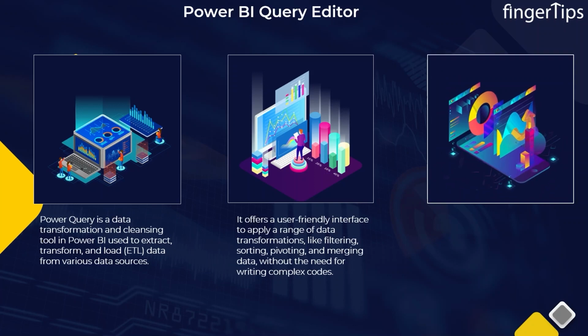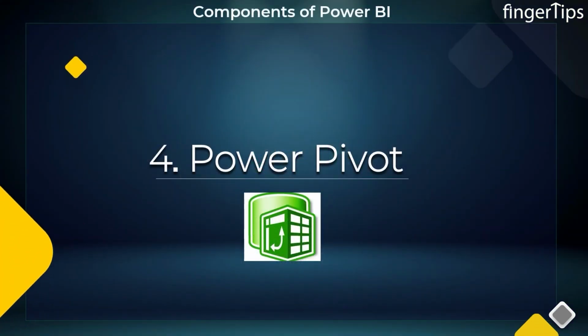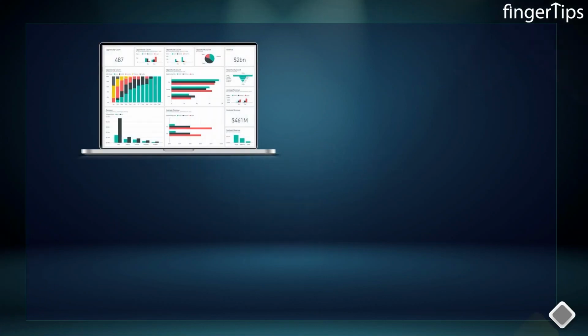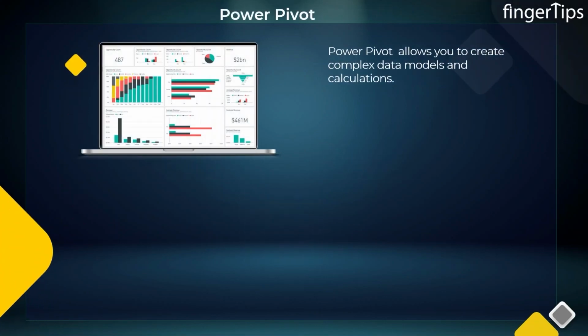The Power Query Editor uses M language, which can be used for more complex queries. Another important Power BI component is Power Pivot. Power Pivot is a data modeling tool in Power BI that allows us to create complex data models and calculations.